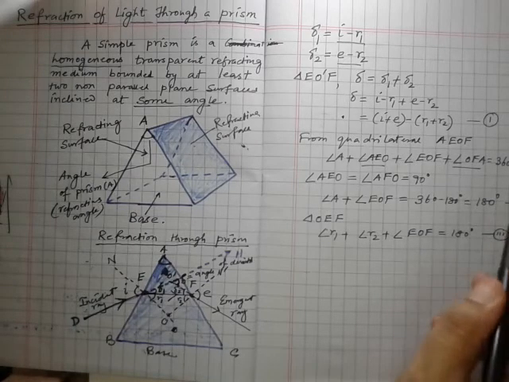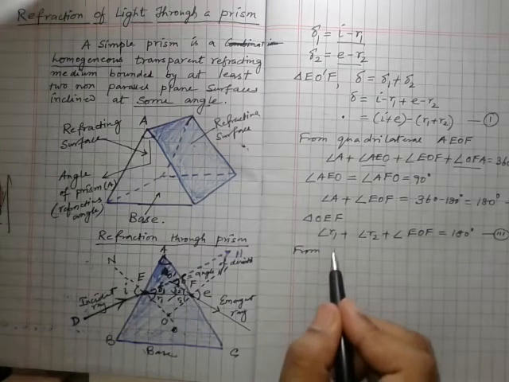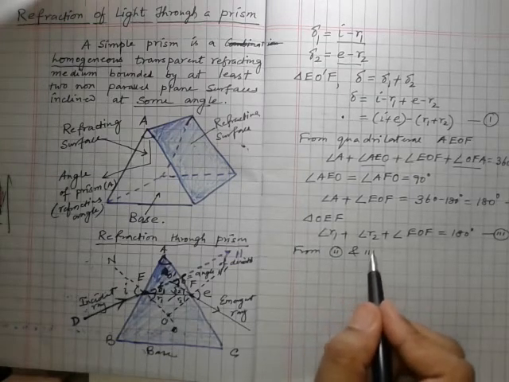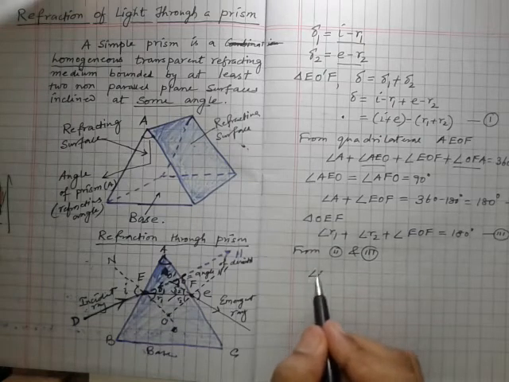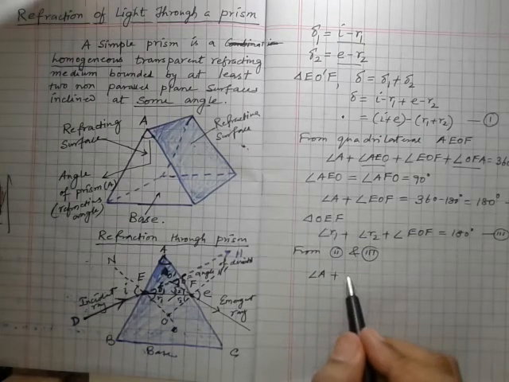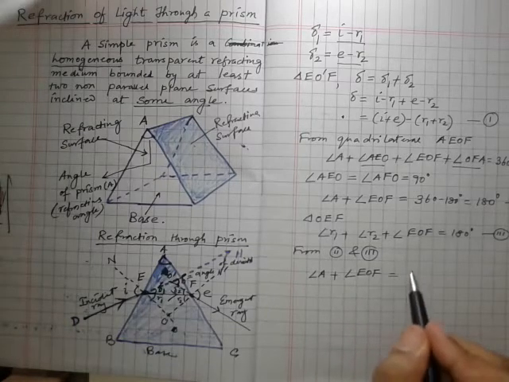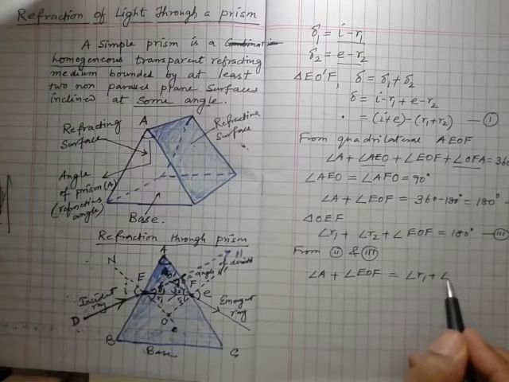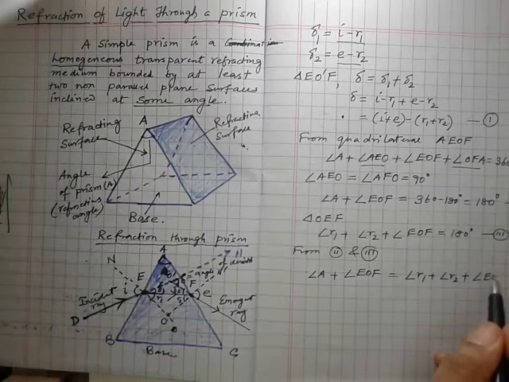So from these two equations, from 2 and 3, what can you write? Angle A plus angle EOF is equal to angle R1 plus angle R2 plus angle EOF.